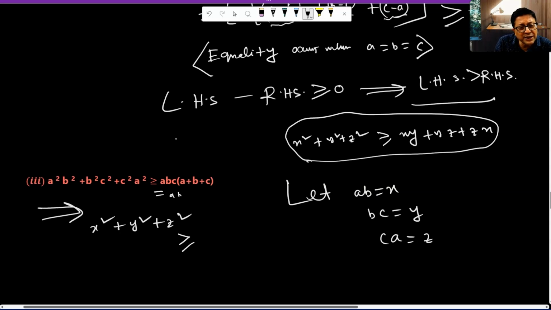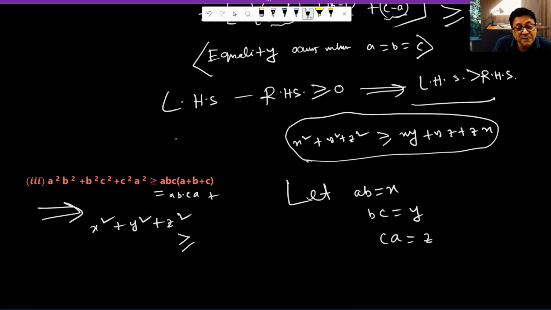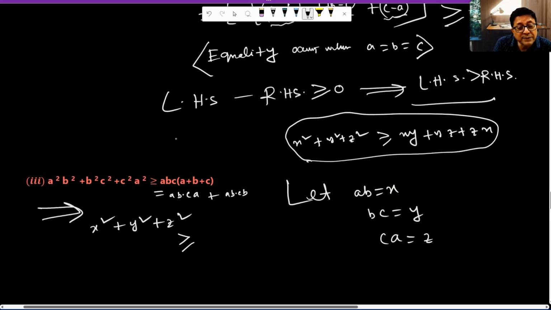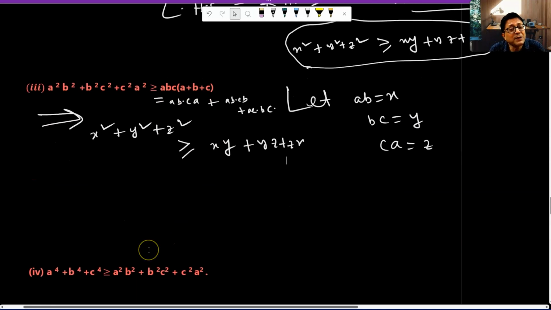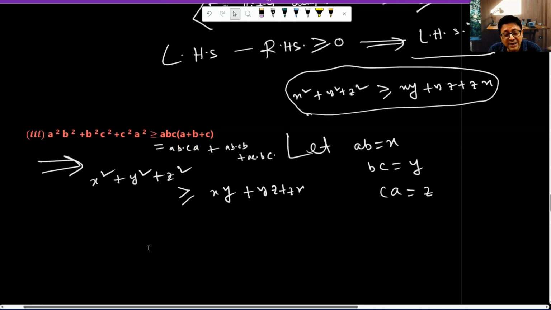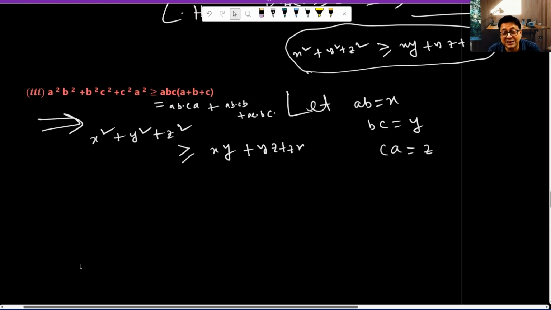It is coming to be AB into CA. If you open the bracket, it means AB into CA plus AB into CB plus AC into BC. So all right, it is coming of this form. Writing it with the confidence that I know that I will be getting it. So x square plus y square plus z square greater than or equal to xy plus yz plus zx.